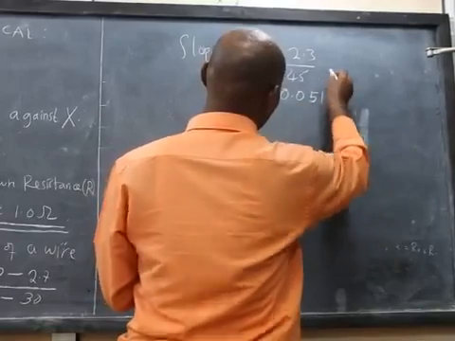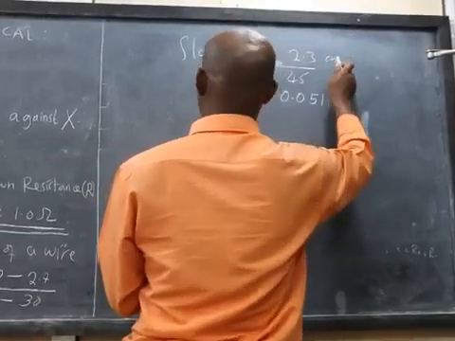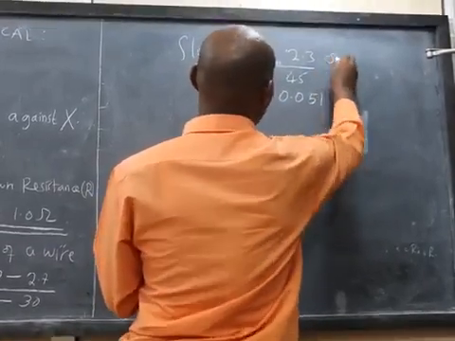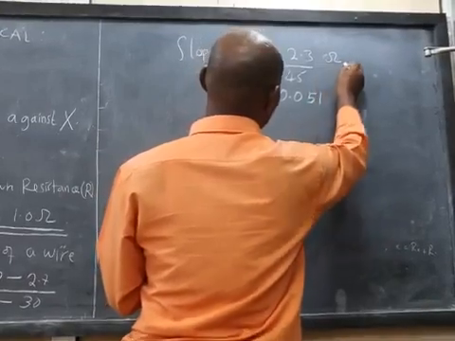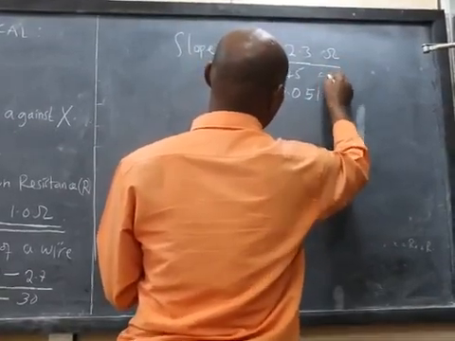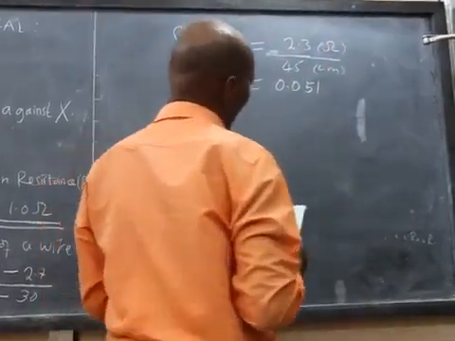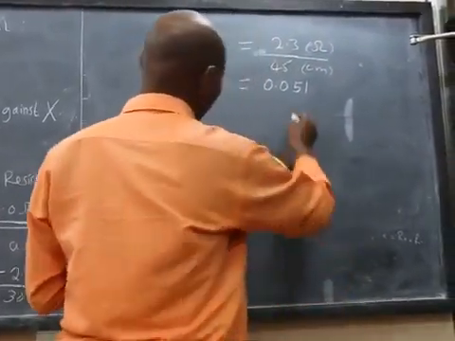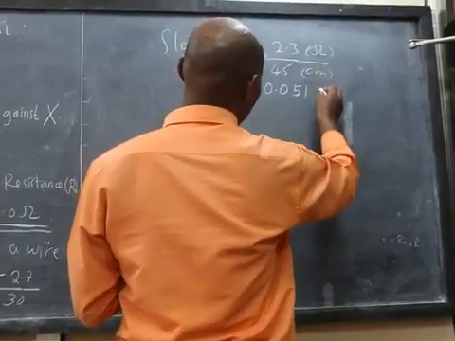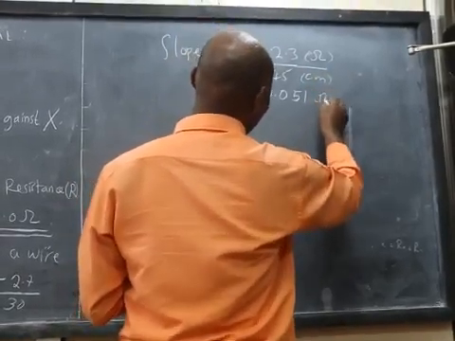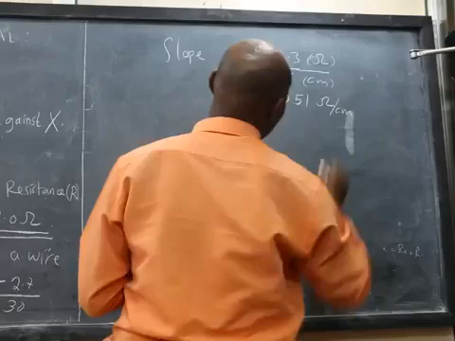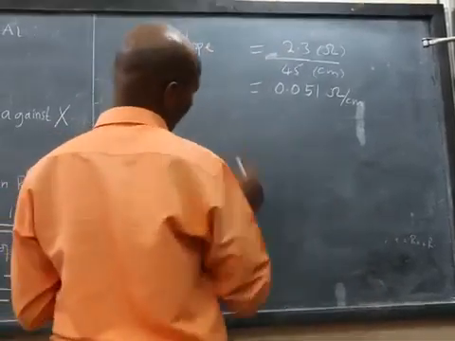Sorry, this is ohm, and this one in centimeter. If you check the unit properly, you'll get ohm per centimeter. This will be the slope.